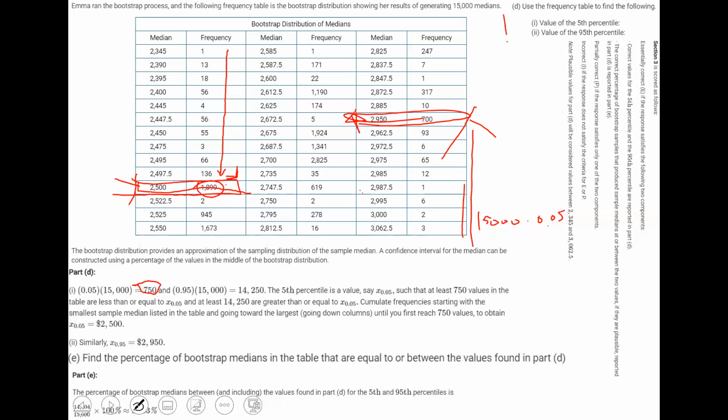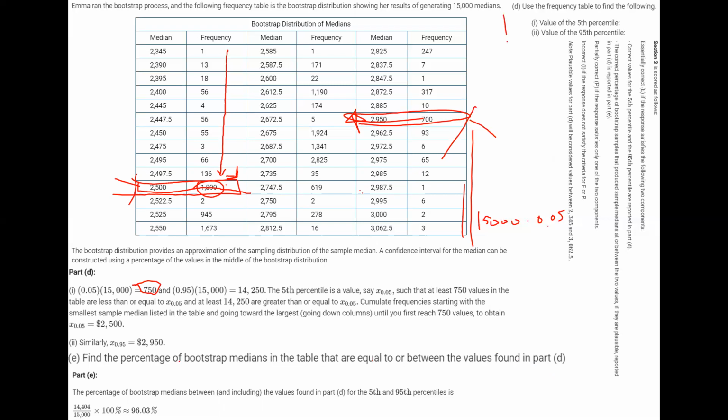Part E, find the percentage of bootstrap medians in the table that are equal to or between the values found in part D. All right, so what you do is you have to, sorry, you can probably not see.